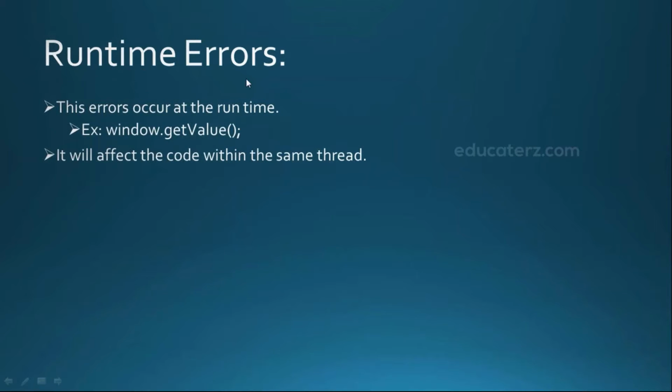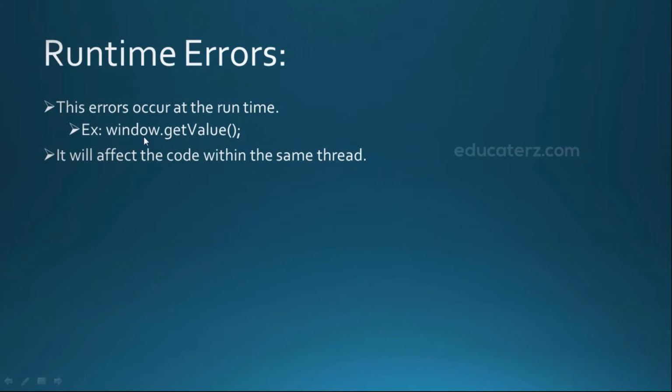So coming to runtime errors. These errors occur only at runtime. This means they will not occur at interpretation time. In this example, I'm trying to call the getValue method on the window object, but the window object doesn't have this method.